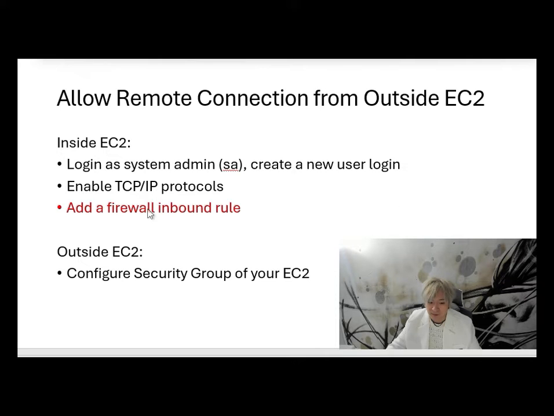So the next step is to add a firewall inbound rule to enable TCP/IP 1433 port access from outside. And this is done in the Windows security firewall of the EC2 Windows system.